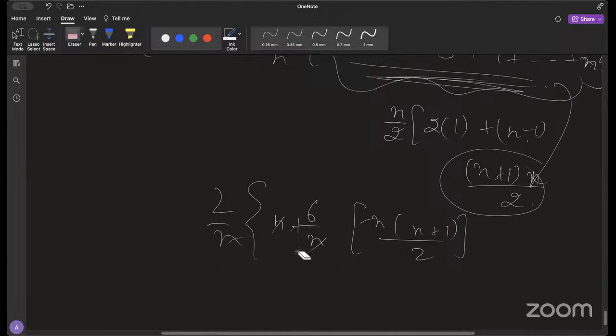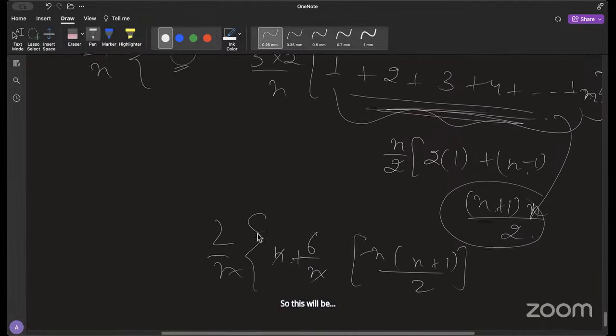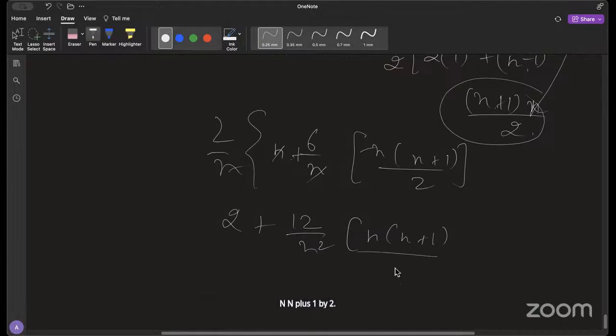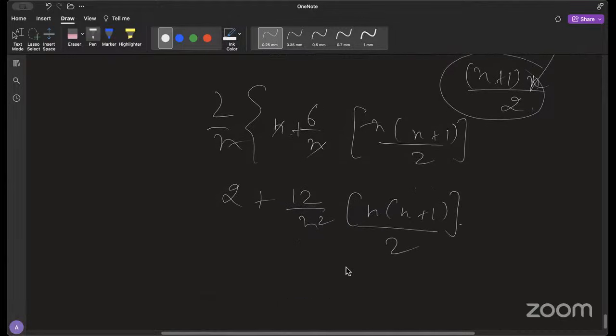So this will be, okay, now you'll have 2 plus, these two n get cancelled, and then you have 12 by n square, n plus 1 by 2. These and this n get cancelled.